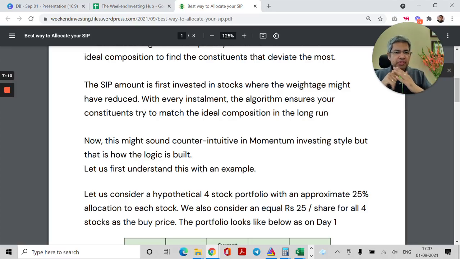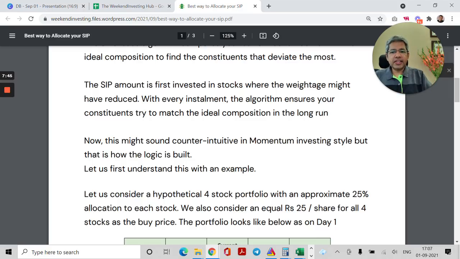And between now and the next model portfolio update, if you are doing a SIP, the algorithm might try to add to the stocks which are losing, because it finds that they are away from the model portfolio right now. So it may add to the losing stocks instead of adding to the winning stocks. Adding to the winning stocks is not possible through this logic because the weights are going up there.